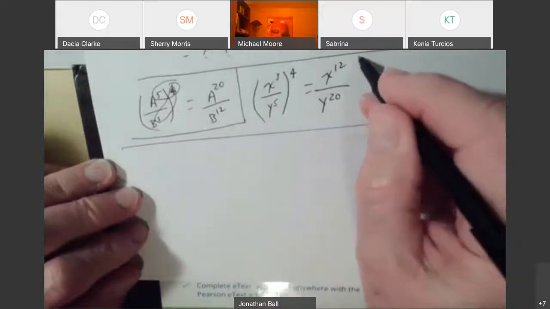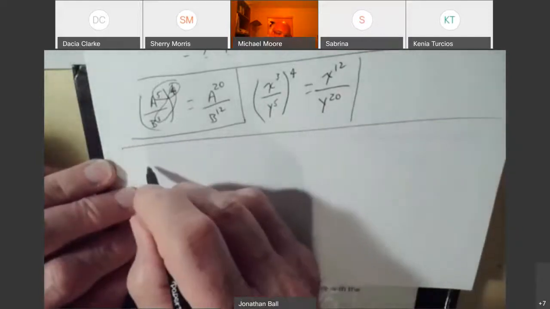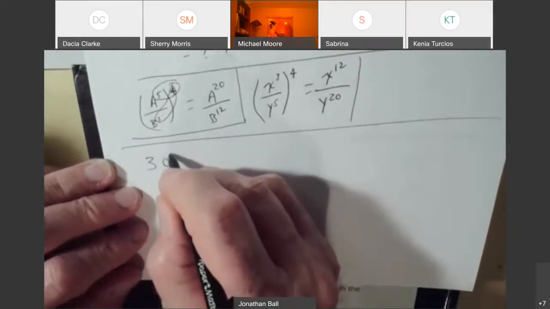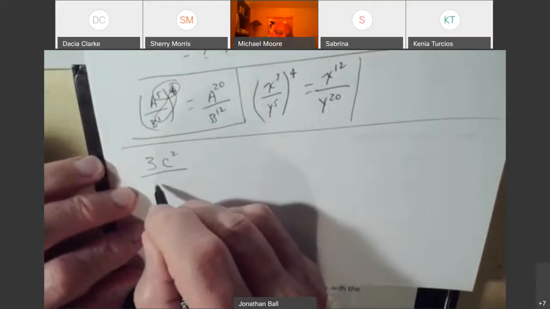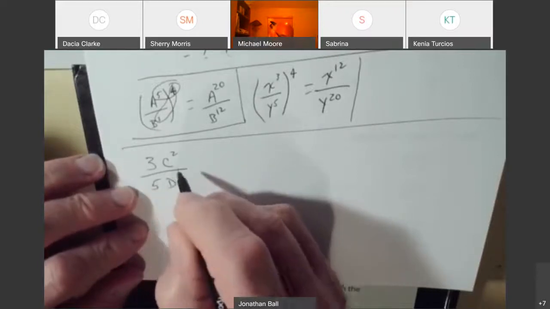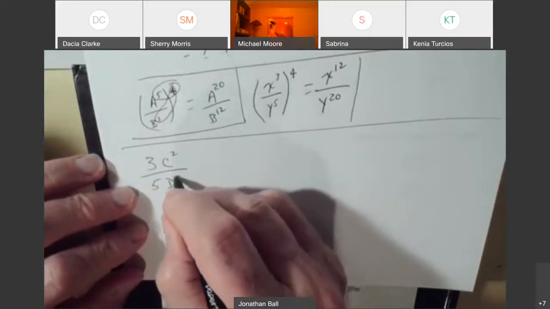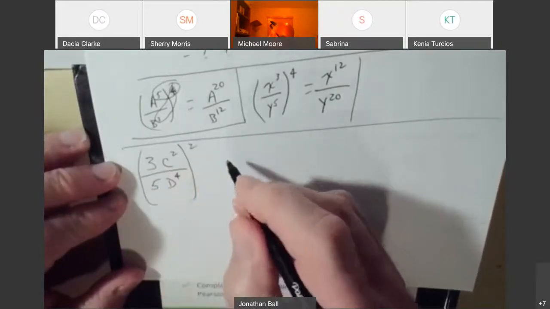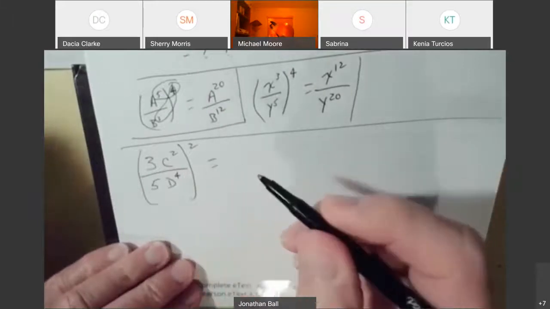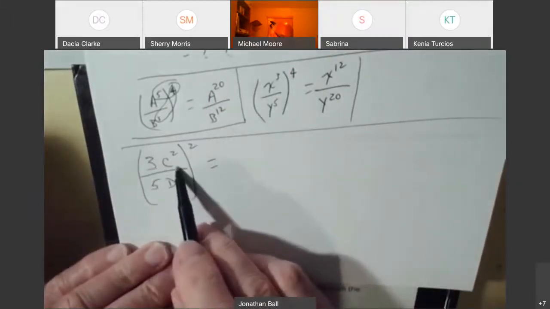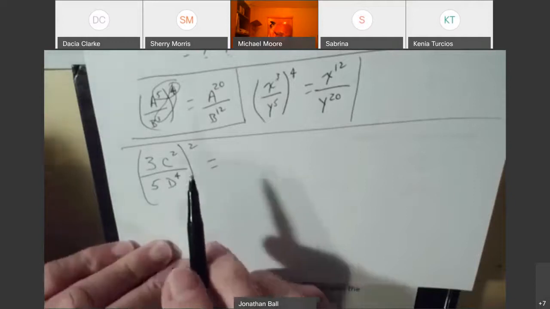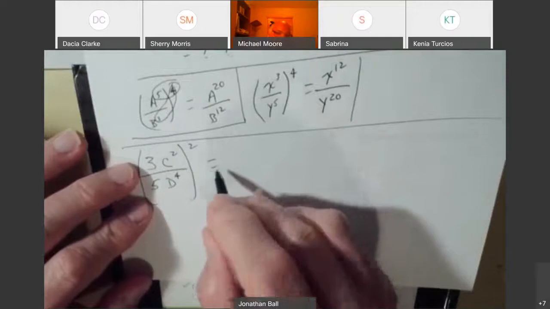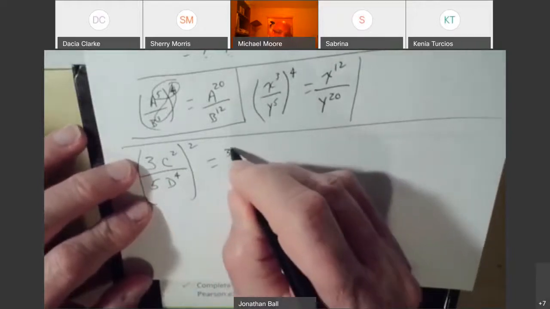Let me do another one of these. When you have 3c squared over 5d to the fourth, all squared. Remember, you have to square everything in here. So first of all, let me break it down: it's going to be 3 squared.